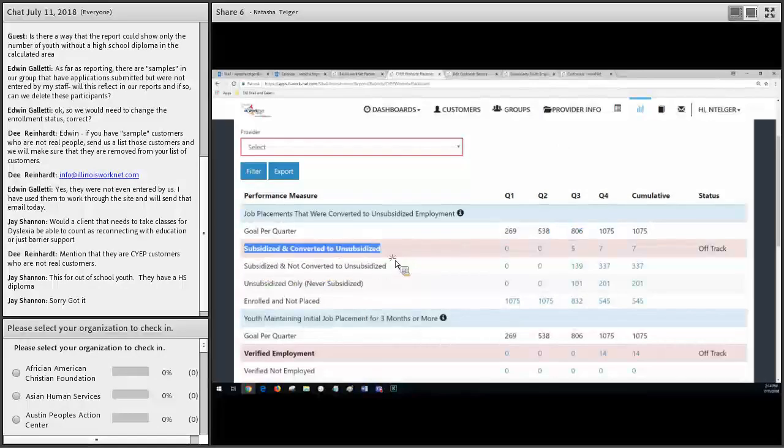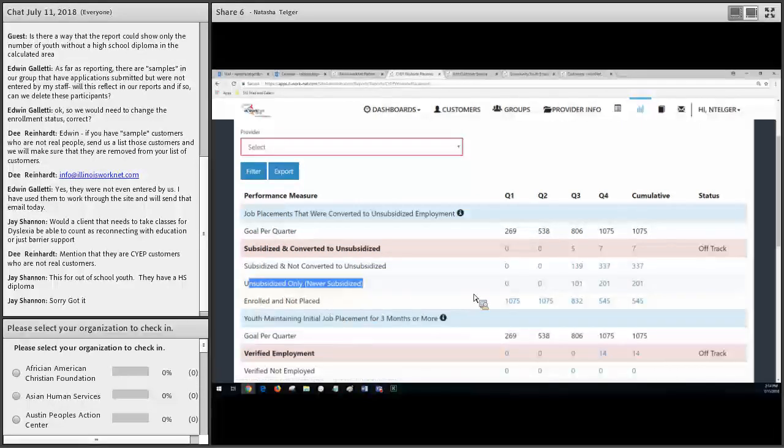So when I go back to this area, you can see for this measure, subsidized converted to unsubsidized. We also have a listing of subsidized that's not converted to unsubsidized. It's not to say that this is a bad thing yet, but they just need to make sure that they are converted to unsubsidized before the 90 days.